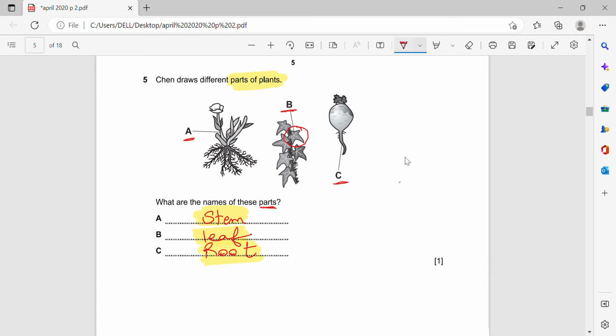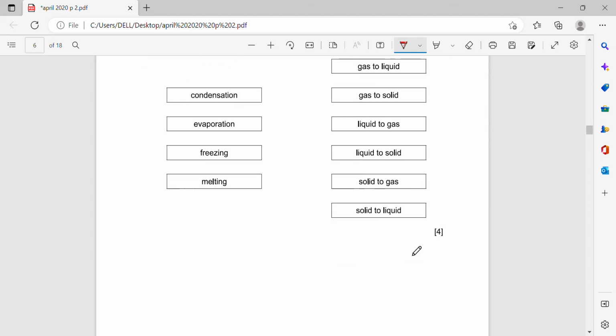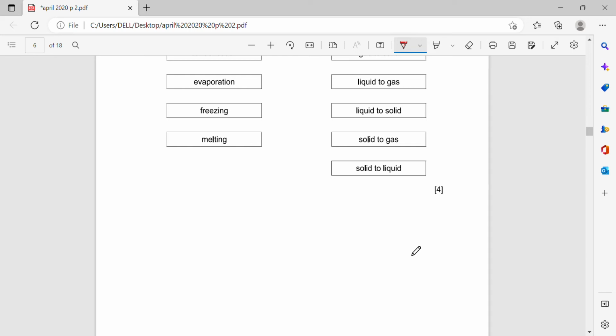The next question. Match the following processes to the correct change of state. Here, the process and the change of state. Let's review together the changes of states before we answer this question. We have three states of matter: the solid, liquid, and the gas.